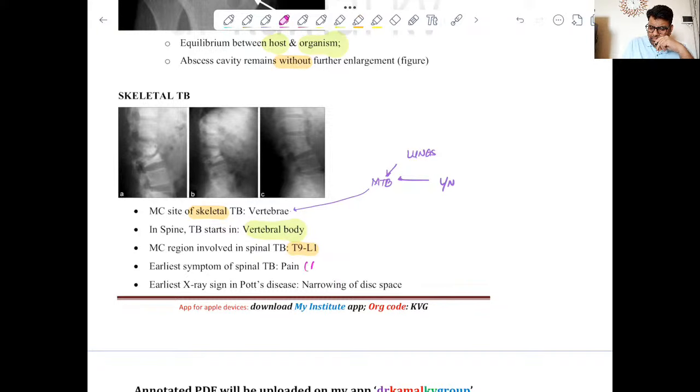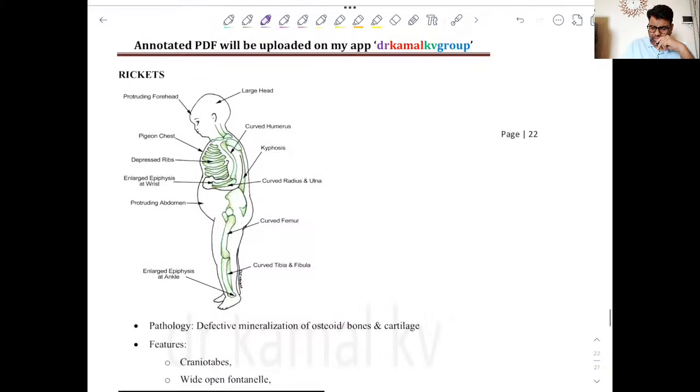The earliest feature is back pain, and if you look at the X-ray, the earliest finding is reduction in the intervertebral disc space. See, this is normal, right? This is normal, but look here, this is reduction. So reduction in intervertebral disc space, or what is known as narrowing of disc space.